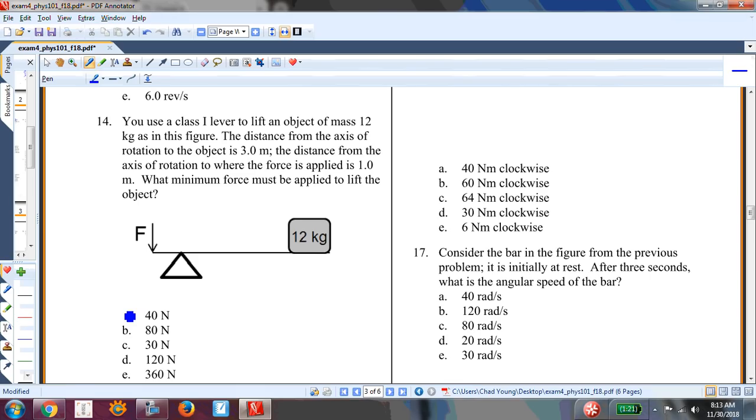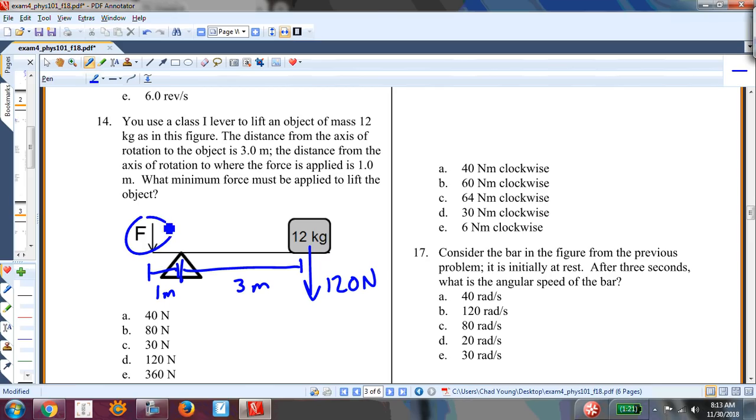This is a class 1 lever, where the axis of rotation, or the fulcrum, is in between the effort force and the resistance force. You didn't need to know that, but I lift an object of 12 kilograms. The distance from the axis of rotation to the object is 3 meters, and this distance is 1 meter. And I have a force of 120 newtons over here.